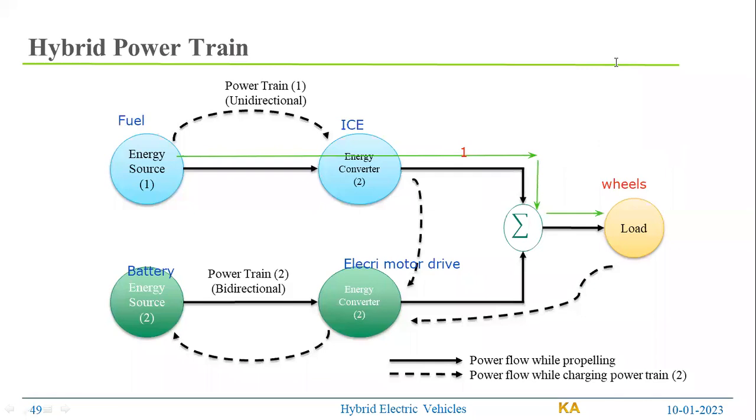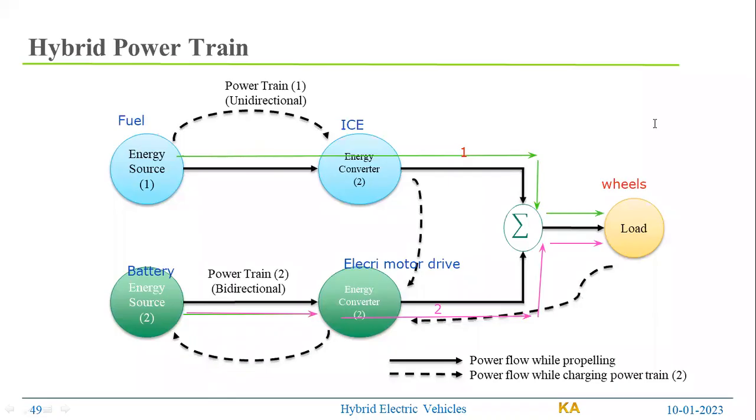And the second could be that I can drive the vehicle if it is fully propelled, meaning electric only propulsion. Right? This is an option. This is number 2, the second mode of operation.